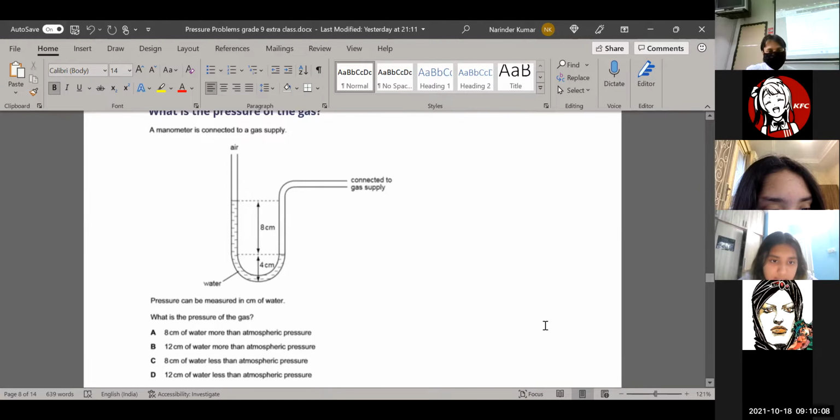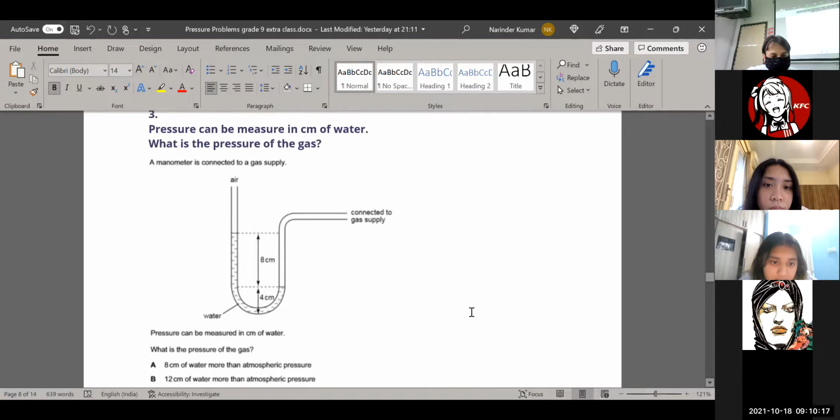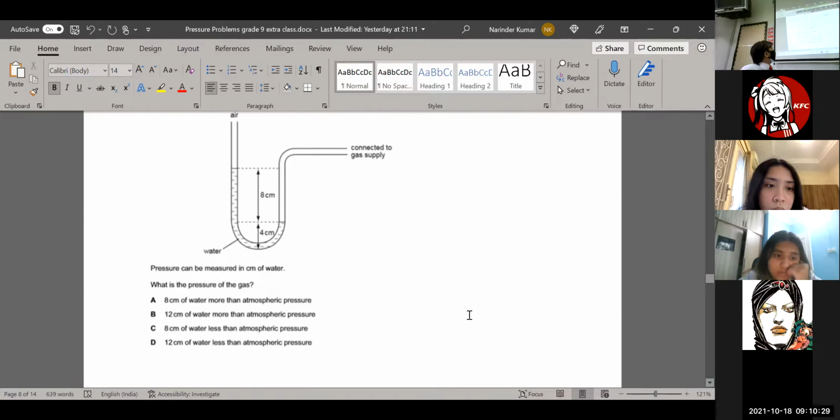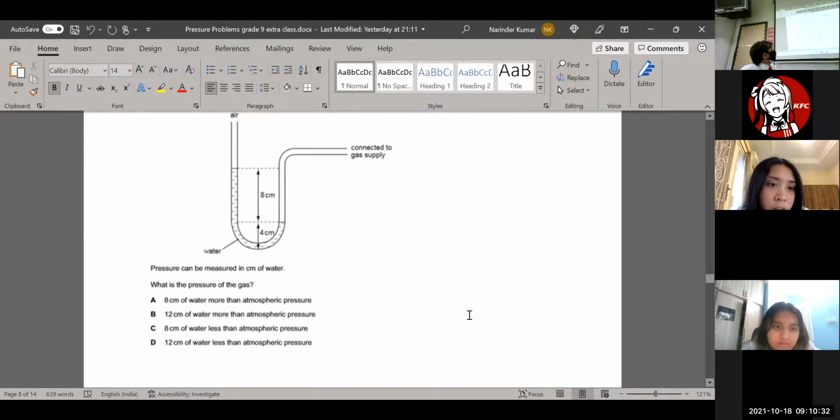Look at this diagram carefully. Pressure of a gas. Is it A? Yeah, I think it's A.